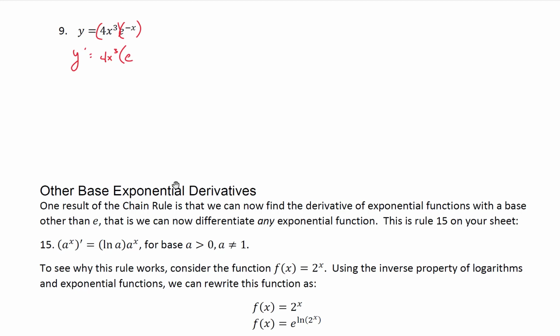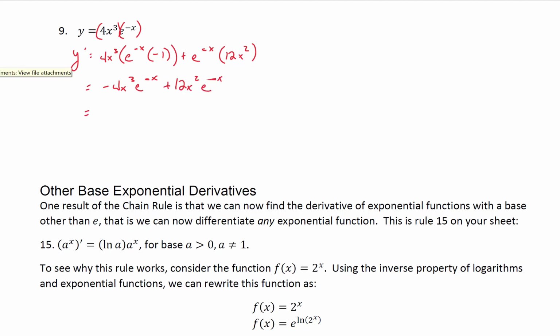So e to the negative x, or e to the blob, times the derivative of the blob, so times negative 1, plus now the second function, e to the negative x, times the derivative of 4x cubed, which is 12x squared. Cleaning this up, we've got negative 4x cubed e to the negative x plus 12x squared e to the negative x.